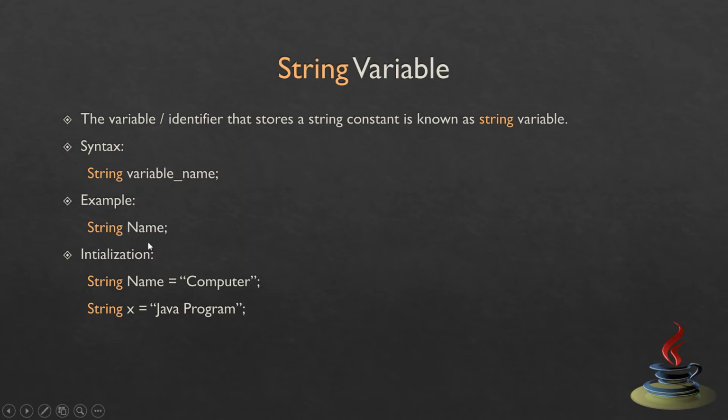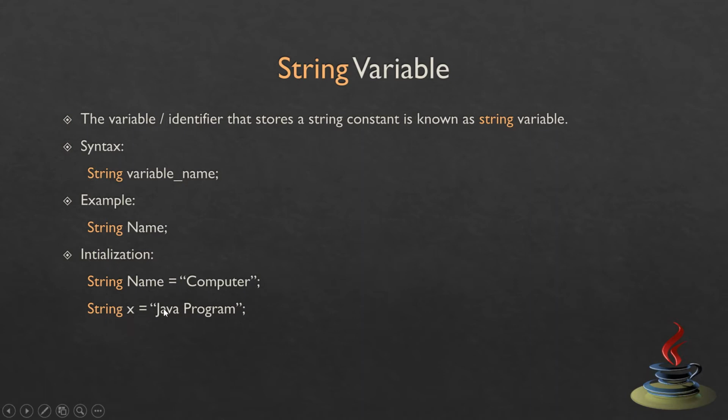Name is my variable name, and the data type of name is String. Here are some initializations. If you want to store a value in the name variable, write String name equals, in double quotation marks, computer. Or String x equals Java program, which is stored in the x variable.